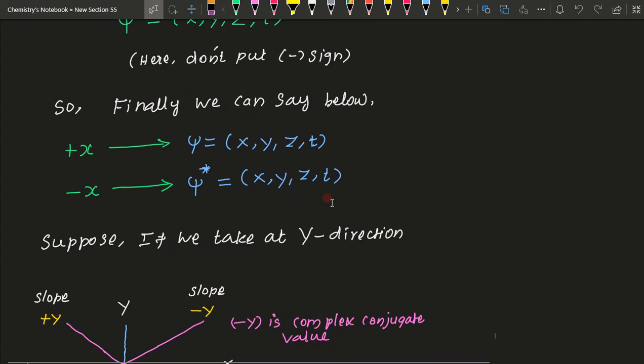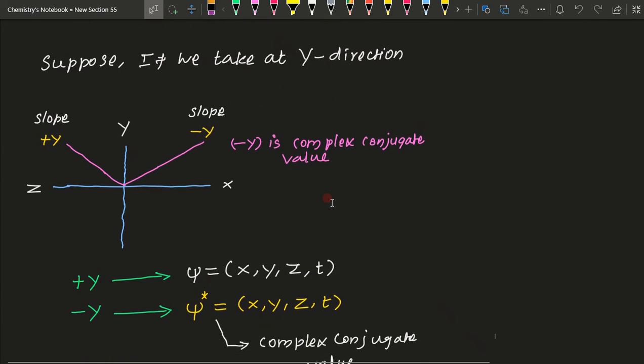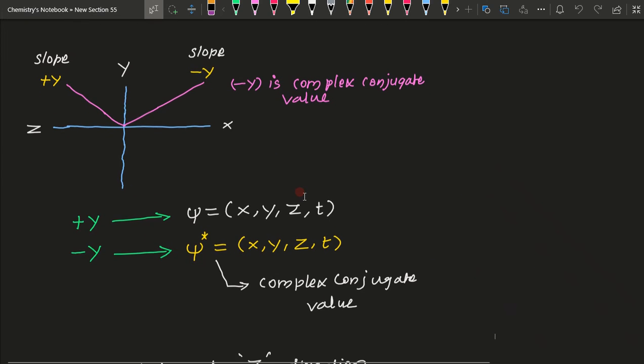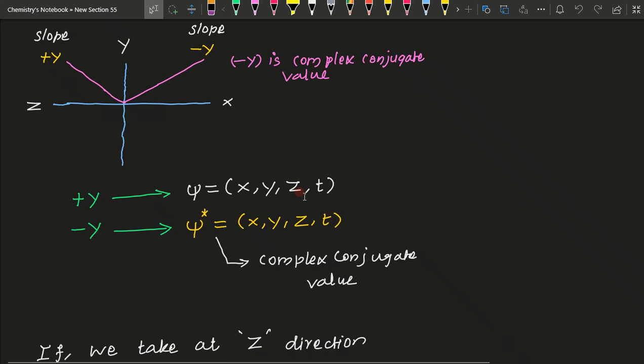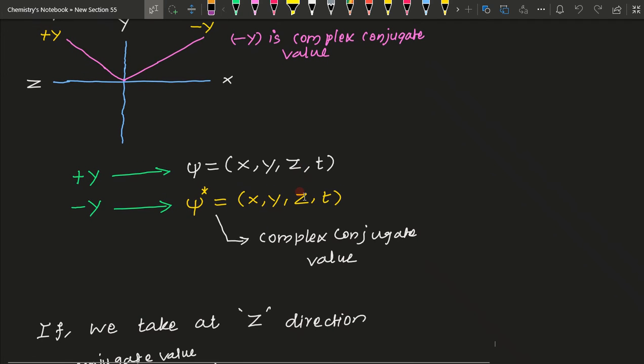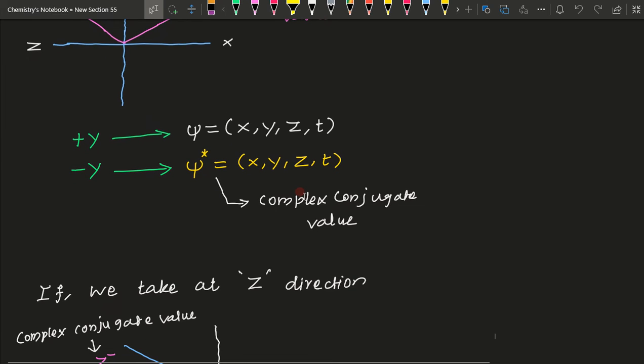Suppose we take the y direction, see below, this is the y direction, this slope is plus y, this slope is minus y, and this minus is the complex conjugate value. So plus y gives psi equals x y z t, minus y gives psi star equals x y z t.